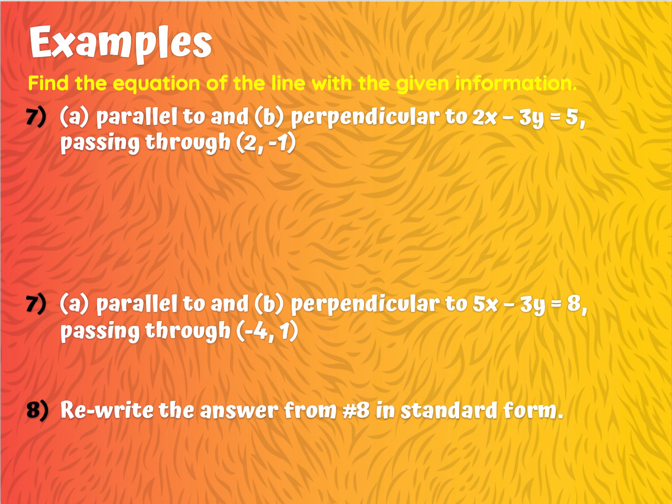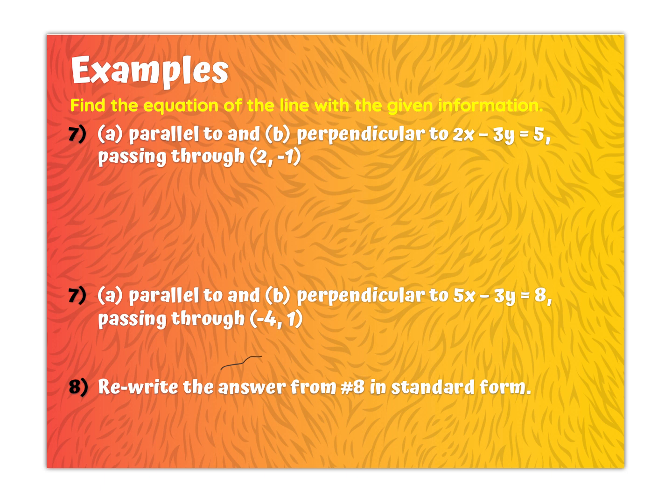Now, because we know that parallel lines have the same slope, and perpendicular lines have a slope that is the opposite reciprocal, we can solve all these questions with that basic knowledge, and of course understanding how to go from a point and a slope to an equation. Here they want the equations of lines parallel and perpendicular to this particular line.